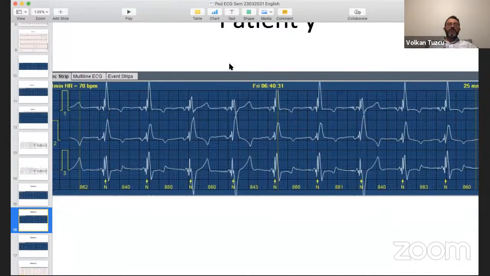In summary, you're pacing, but you're not capturing the same. So if you see a different QRS when you have a patient like this with a CRT, you should think about loss of capture in one of the leads, okay? So this patient probably has either the RV lead or LV lead, whichever one, not capturing normally and intermittently losing capture, and you're left with only one lead capture.